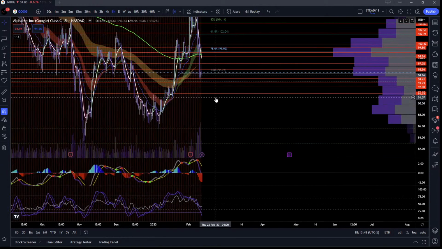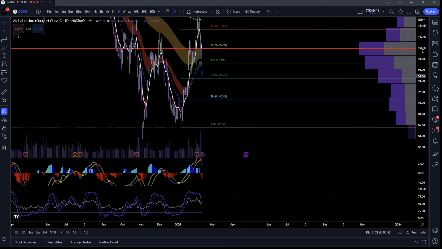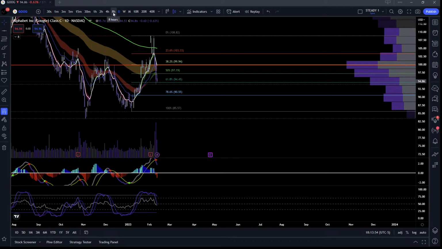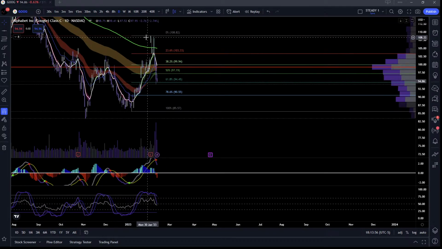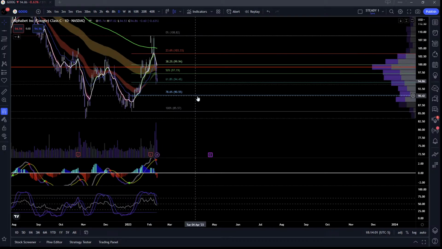Now, one thing to realize, as I mentioned, is that Google is below its EMA 200, not only on the 8-hour, but on the daily as well. We can see that it had a false breakout above it, rejected it, and ended up coming right back down. And that 61.8% fib level, notice that the levels we are choosing are near those levels.